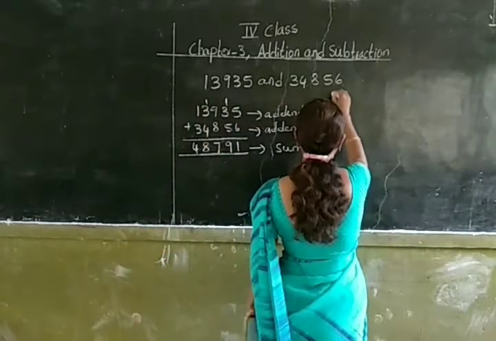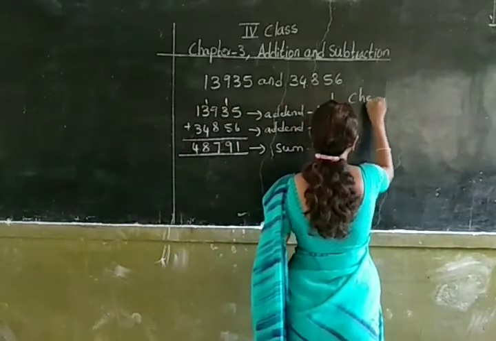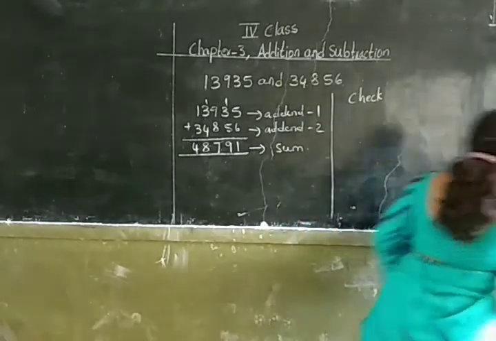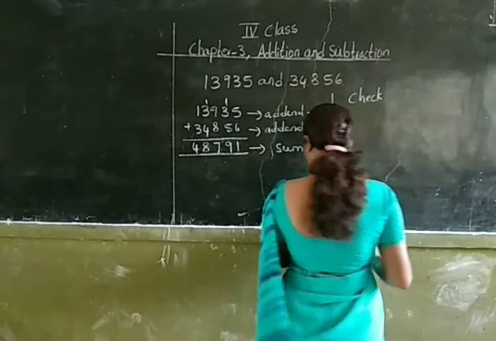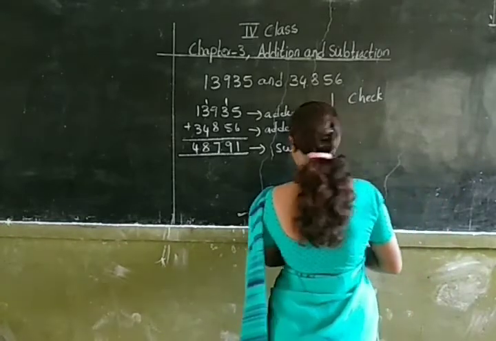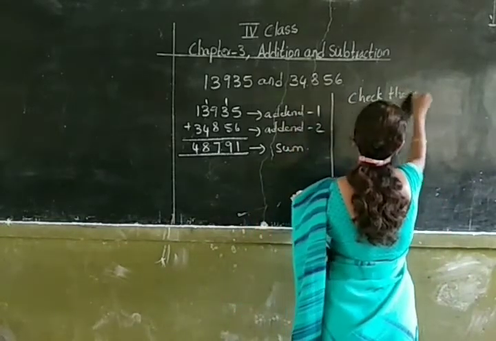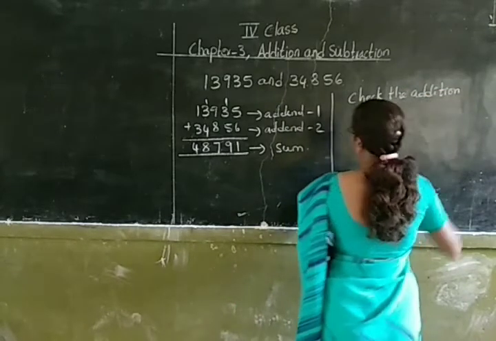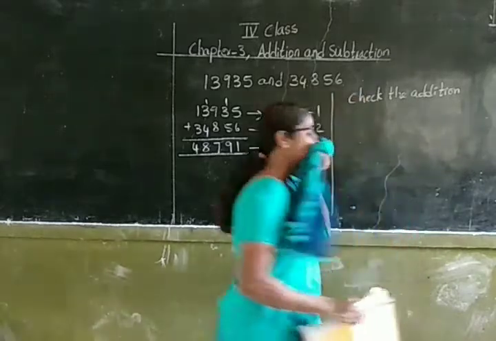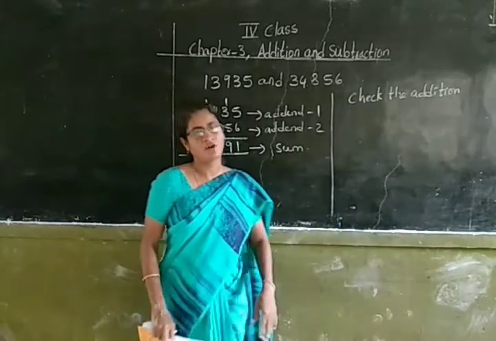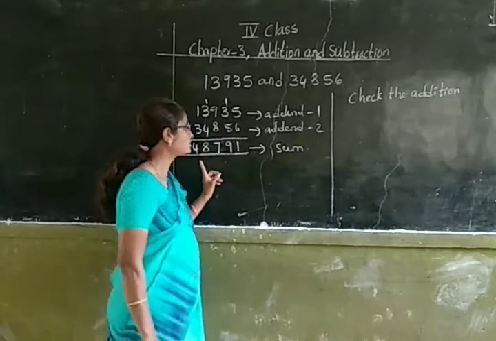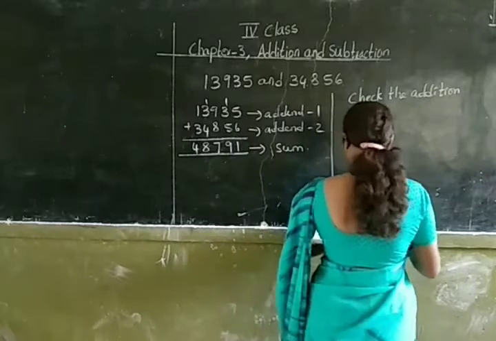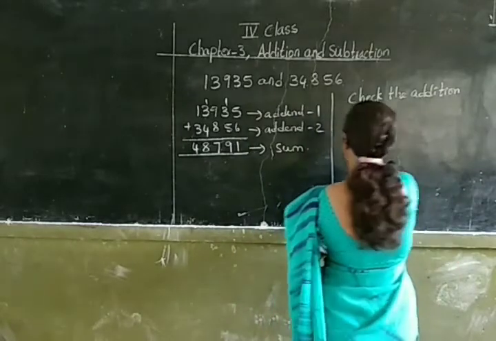Now I am going to show you how to check your addition. For checking your answer, you have to subtract addend 1 from the sum.